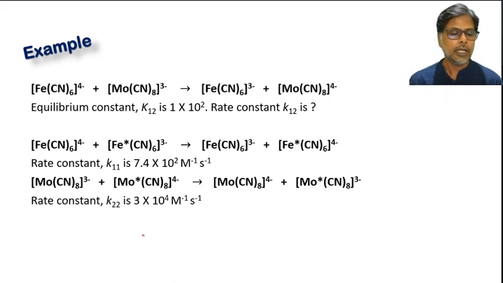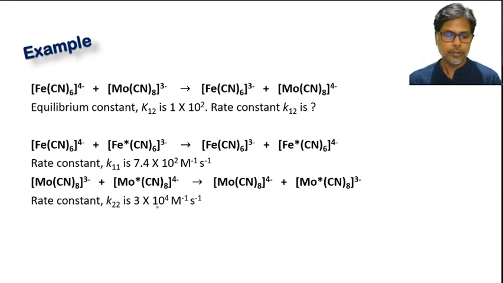So here you have hexacyanide complexes of iron 2 and iron 3, and an electron transfer takes place from iron 2 to iron 3 in the first reaction.